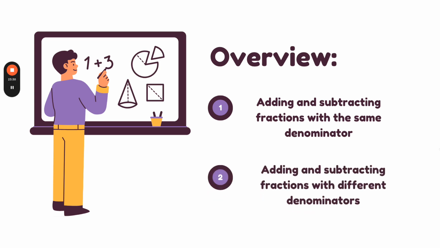But where we had to add and subtract fractions with different denominators, there was a little more work involved, because we have to find the lowest common multiple of the denominators, and from there we can convert them into fractions with the same denominator, which makes our problem easier to solve.